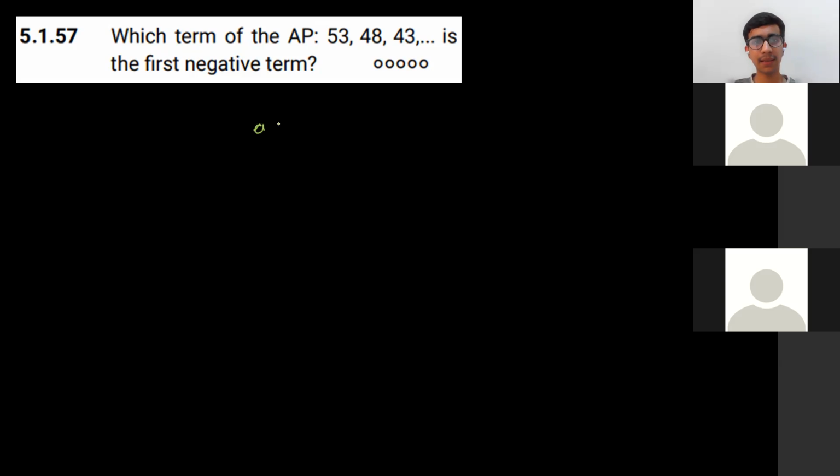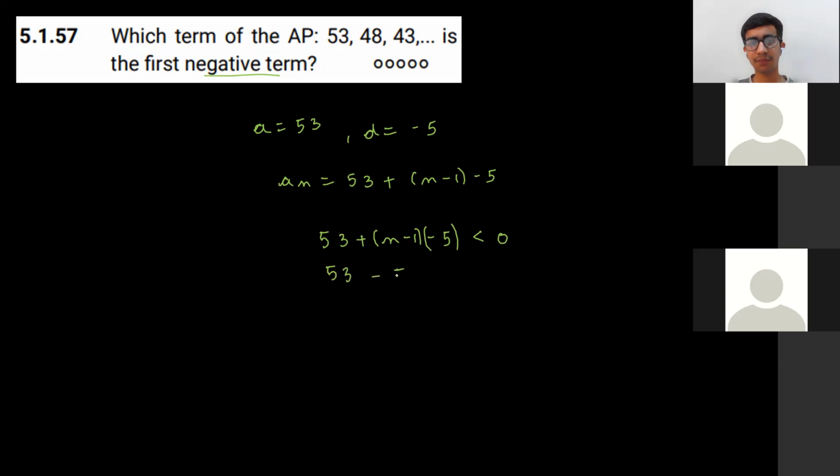So we have A as 53. We have D as -5. So AN will be equal to 53 plus (N minus 1) times D. Okay. So 53 plus (N minus 1) times -5 has to be negative because we are finding the first negative term. So that means 53 minus 5N plus 5 is less than 0.